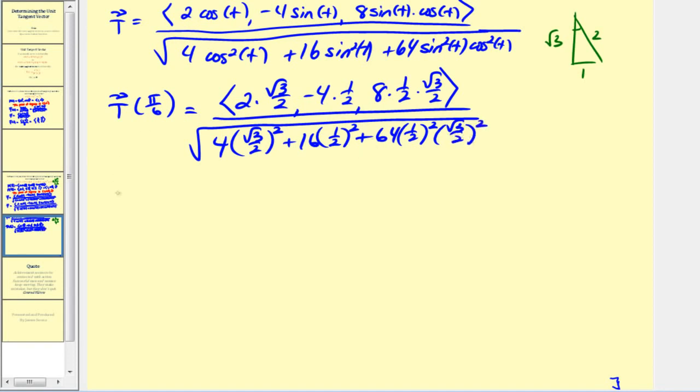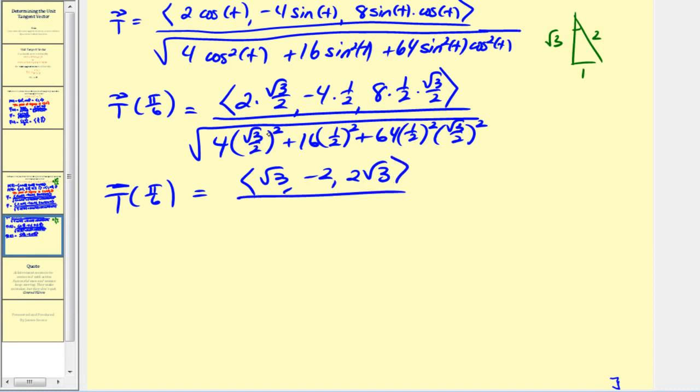Let's go ahead and simplify this. So we're going to have square root 3. Here we'll have negative 2. And here we'll have 2 square root 3. Here, square root 3 over 2 squared is 3/4. 3/4 times 4 would be 3. 1/2 squared is 1/4. 1/4 times 16 is 4.